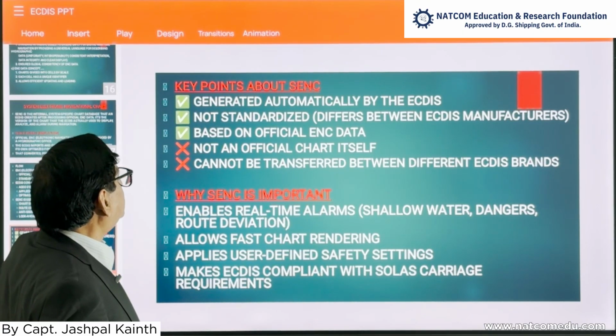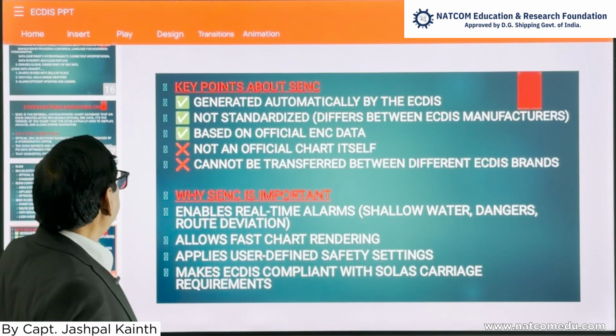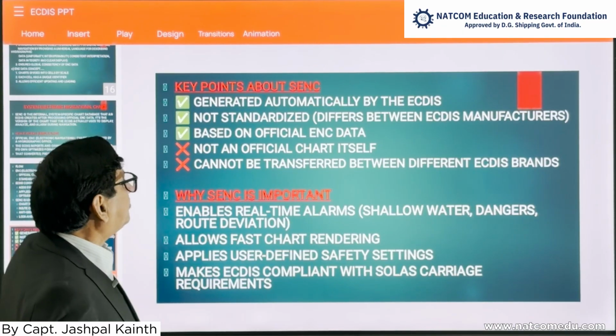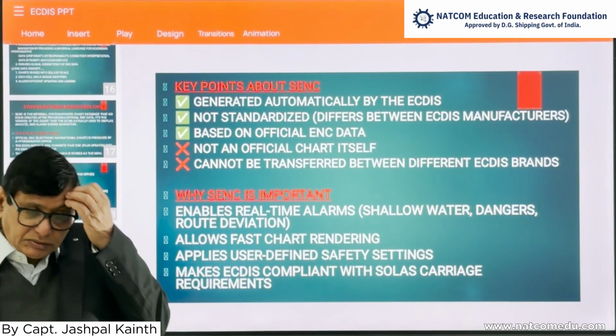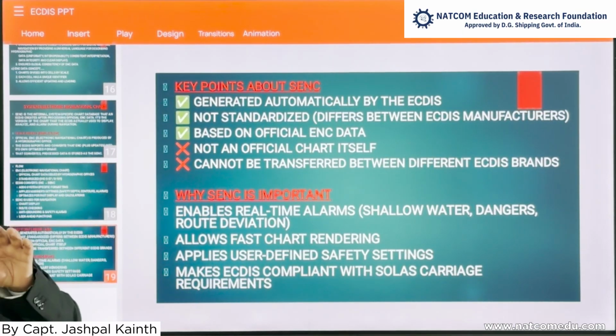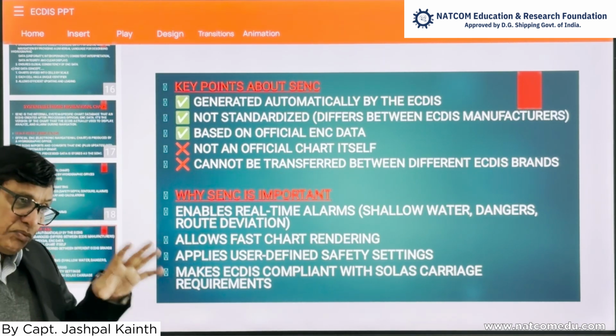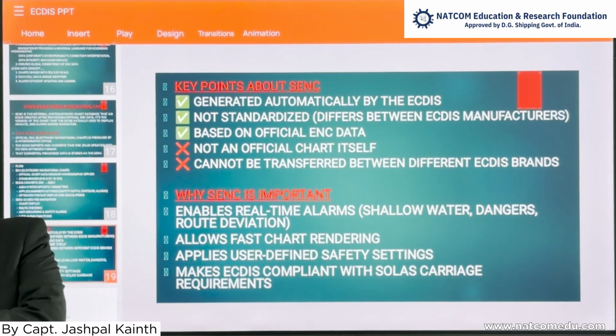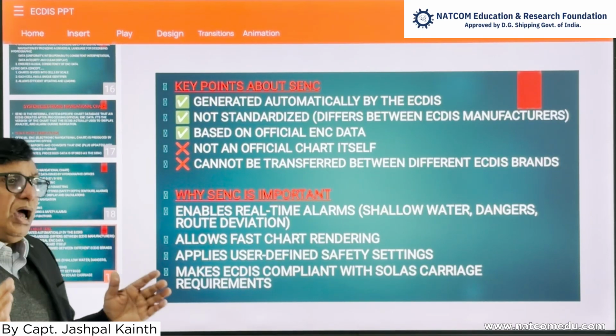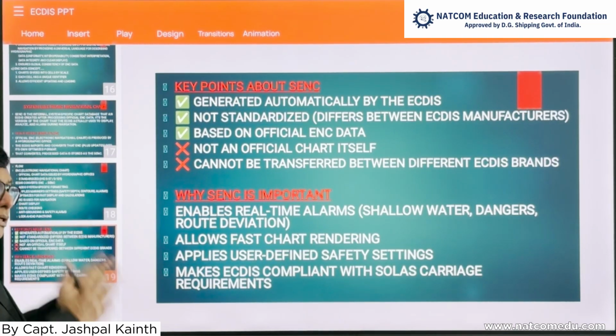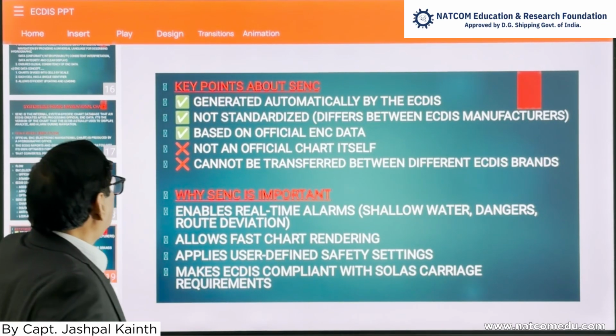Not based on the official chart itself, definitely. Cannot be transferred between different ECDIS brands. That means one SENC from one manufacturer cannot be given to another manufacturer. Every manufacturer has their own SENCs loaded into the ECDIS, which is proprietary.